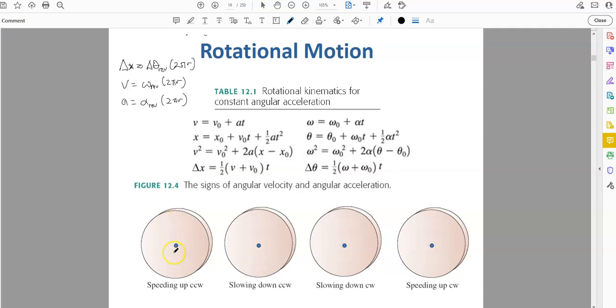So, for example, you have a wheel right here that is speeding up. They said it's speeding up counterclockwise. So this wheel is rolling counterclockwise, so using the right hand rule, you should be pointing your thumb at your own face, and your hand should be making a curl.